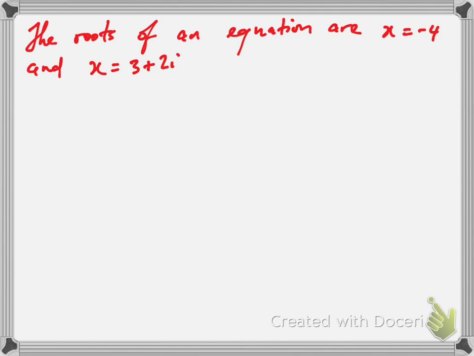Okay, so the next question is the roots of an equation are x equals negative 4 and x equals 3 plus 2i. So you are given roots of a, actually should be of a cubic, hang on. Right, so the roots of a cubic are x equals negative 4 and x equals 3 plus 2i.